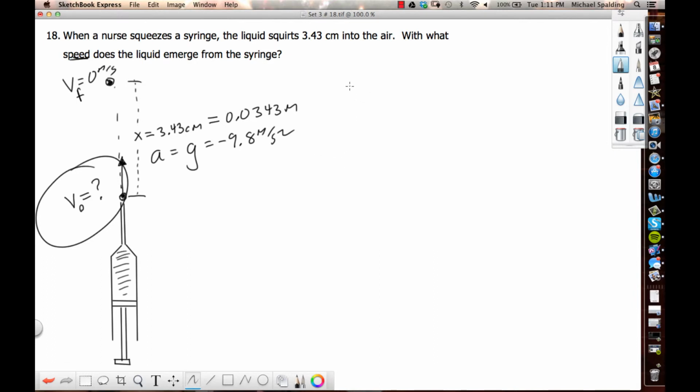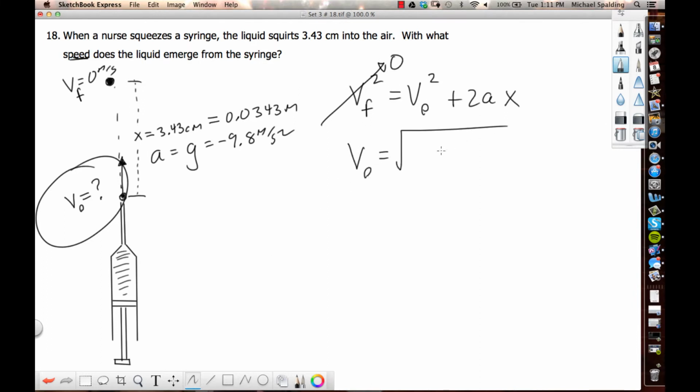We're going to use the last equation. Vf squared equals V initial squared plus 2ax. So up here at the top, what's V final? 0. And now you can solve for V initial. That negative came from the algebra.